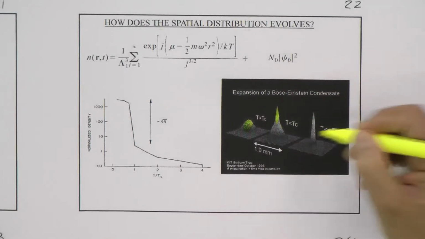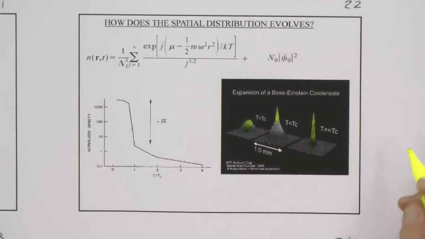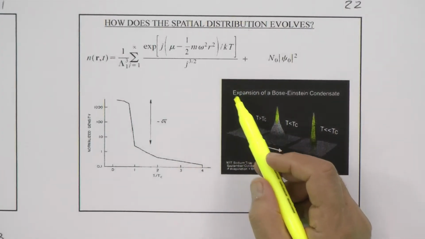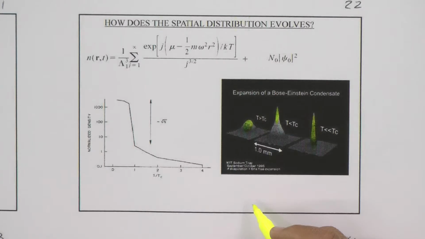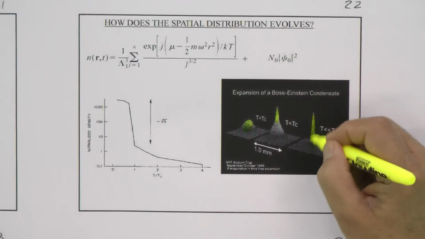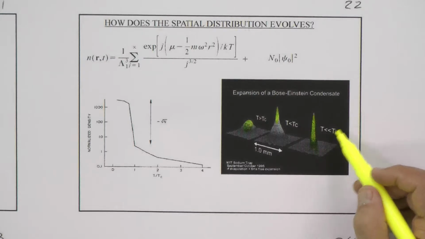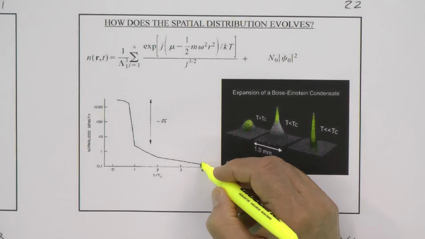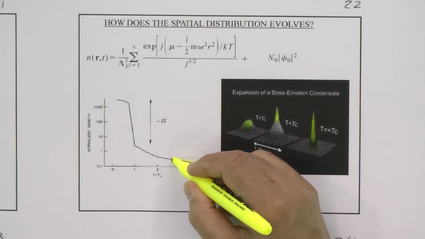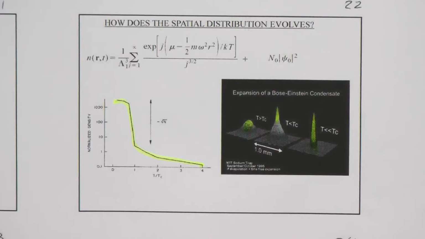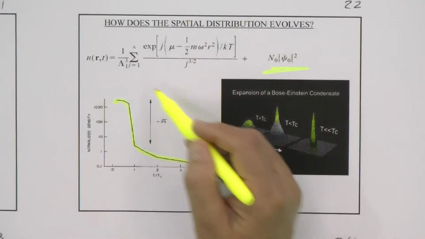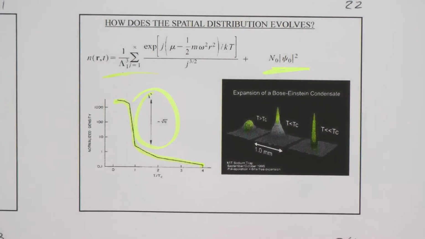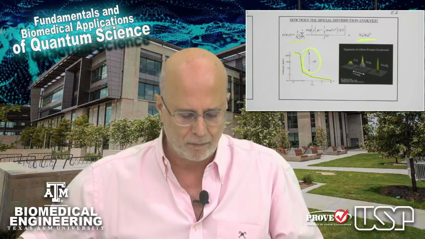Suddenly a peak starts to appear on the thermal gas, and then I make all the atoms go. There is a temperature where this happens, because it's related to the de Broglie wavelength. So by changing the de Broglie wavelength, by changing the temperature, I make all the atoms go in the same quantum state. Then if I look at the density at the center, I see a changing behavior, and I can calculate the wave function and see that this jump is proportional to the square root of the number that characterizes exactly the wave function that's there.